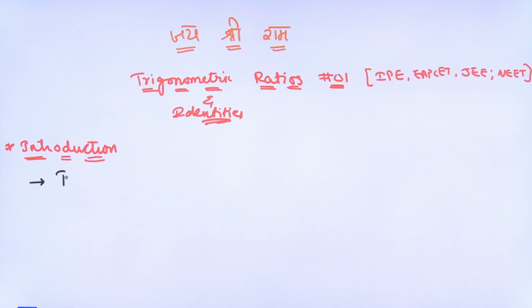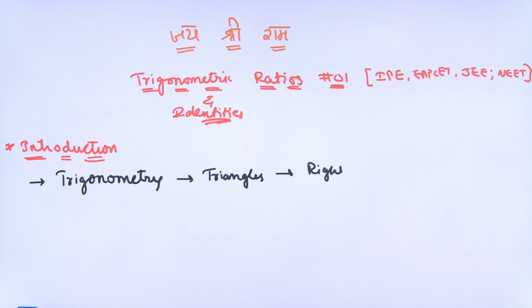Whenever we discuss the word trigonometry, it means we're discussing those shapes which have three sides, that means triangles. And very probably we are concerned about the right angled triangle. Clear with this point, everyone?